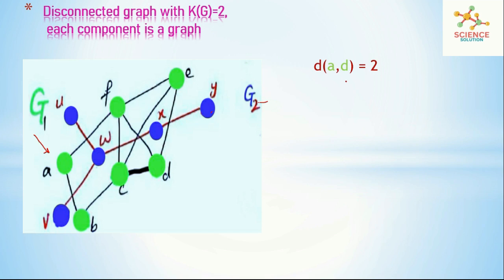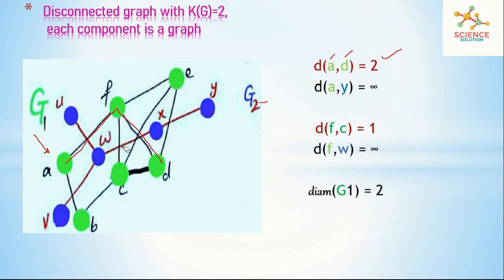The distance between the vertices A and D will be 2, because there are two edges between the vertices A and D, and the distance between A and Y will be undefined because there is no connection between A and vertex Y. Then the distance between F and C will be 1 because there is only one edge between F and C. If we see the distance between F and W, the answer will be undefined because there is no connection between F and W. So the distance between F and W is undefined.